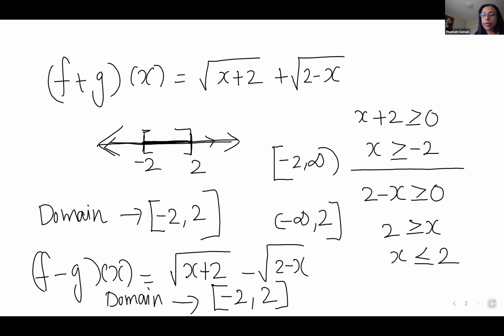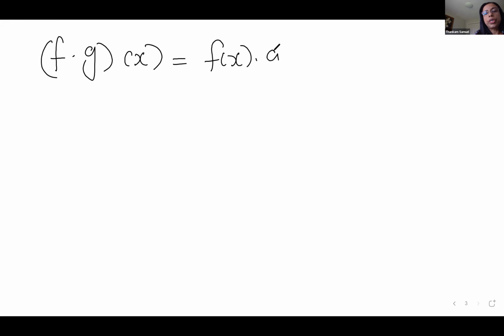Let's look at the next algebra of function, that is like f times g of x, right? That is f of x times g of x. So you remember the function. The first function is square root of x plus 2.